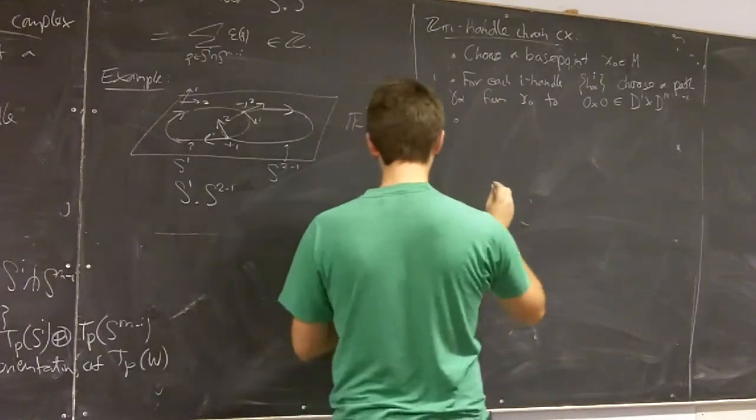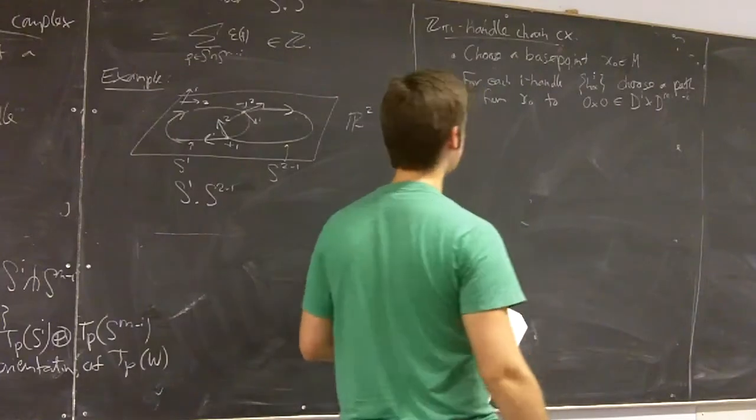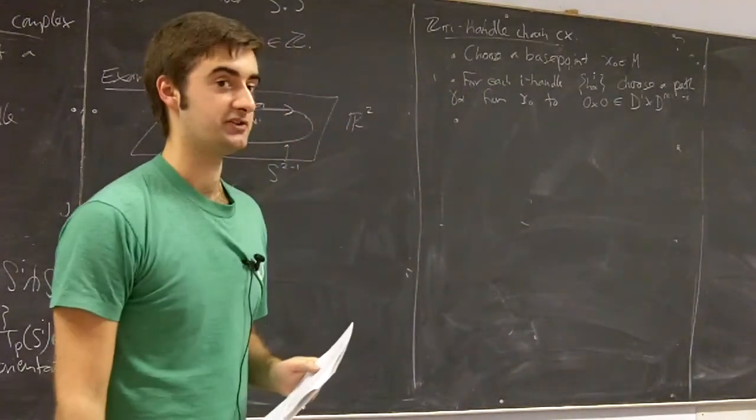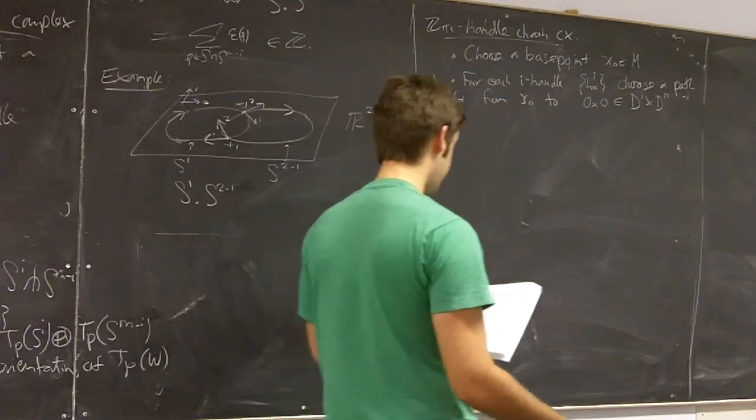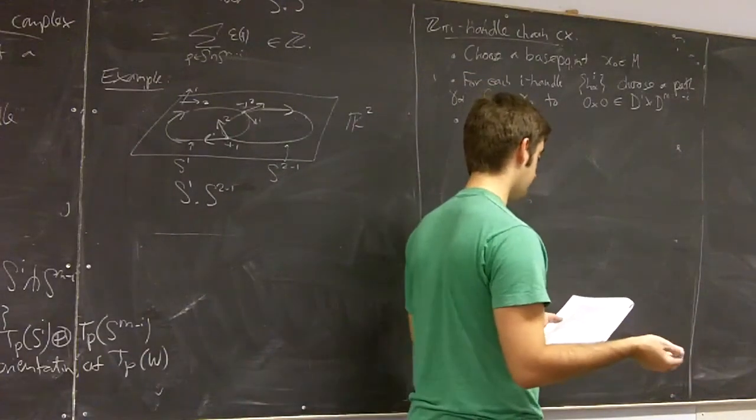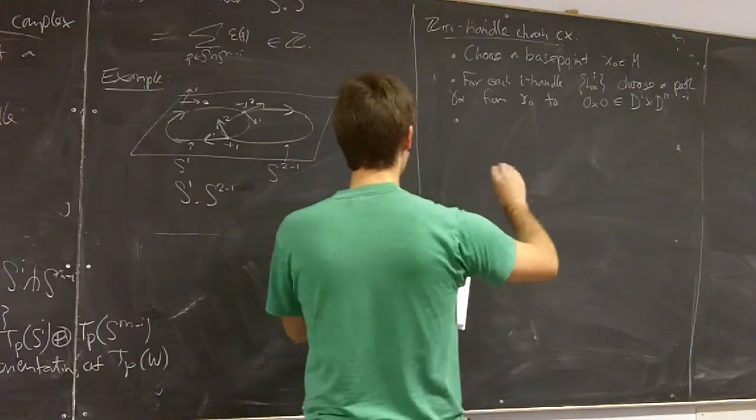Then when we have I plus 1 handle attached to an I handle, we can give it an incidence number in Z pi 1. And we do that as follows.